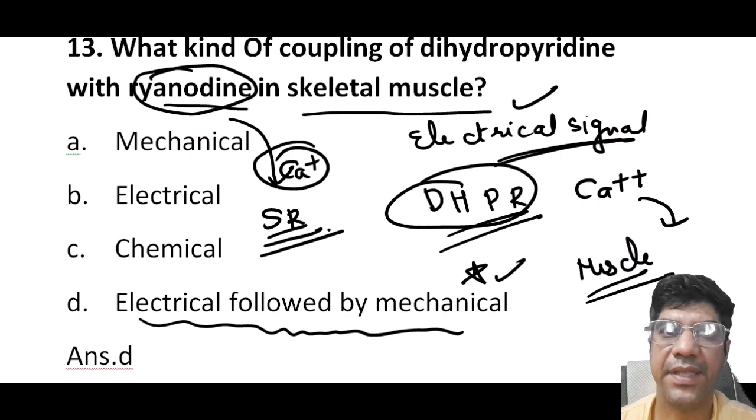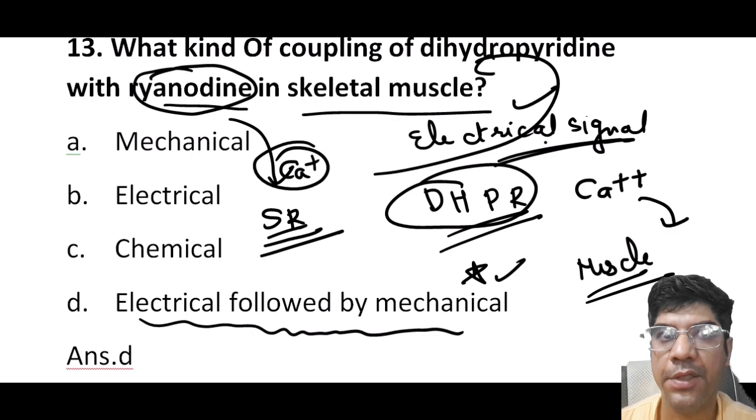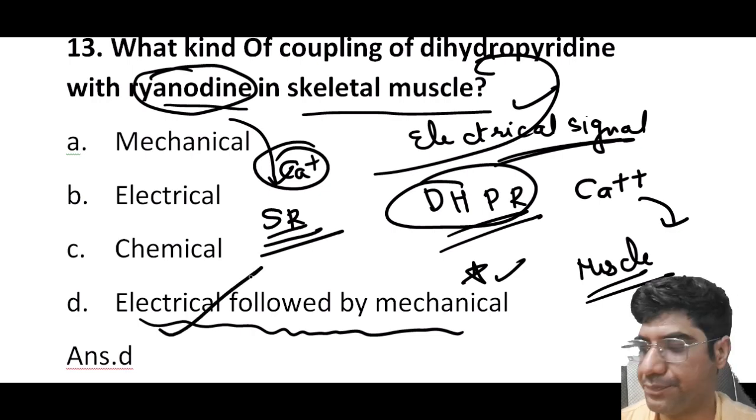Remember, this increase in calcium ions within the muscle cell initiates the contraction process leading to muscle movement. So the answer is D.